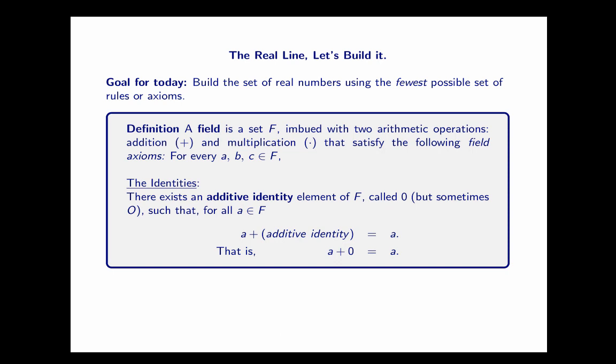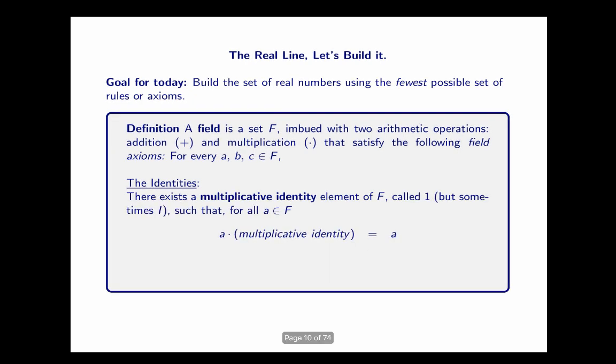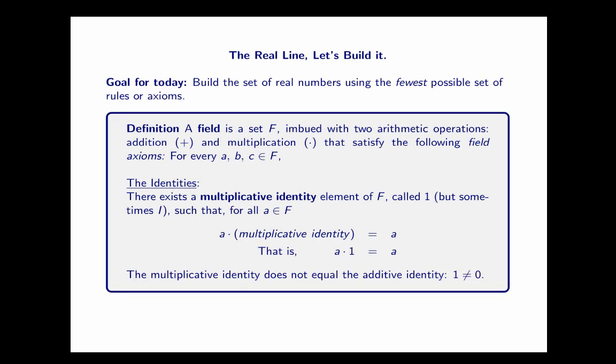And in fact, 0, or sometimes called O, is the additive identity. And then there's the multiplicative identity. It's an element of my field such that when I multiply A times it, and A is any number, I get A. Of course, if I told you that A times a mystery number is A, we would know right away that the mystery number is in fact 1.